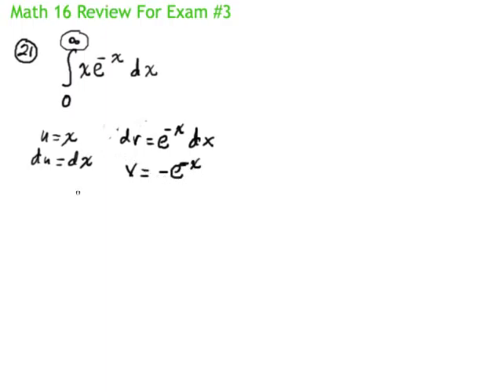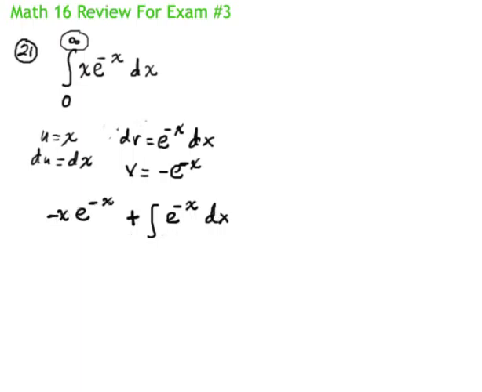All right, now we'll do the formula uv minus the integral of v du. So here we have uv is x times, so that's minus x e to the minus x, minus v du. So we have minus, so that'll be plus the integral of e to the minus x dx.